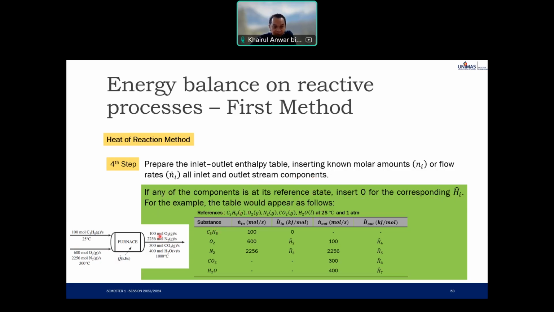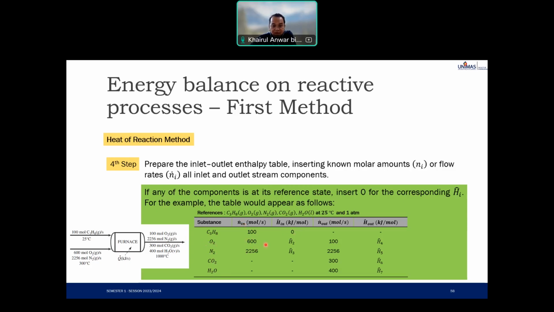So this is the block diagram. For inlet propane, because this is at the reference temperature, 25 degrees C, the H in for propane is 0. Then oxygen, nitrogen, carbon dioxide, and water.